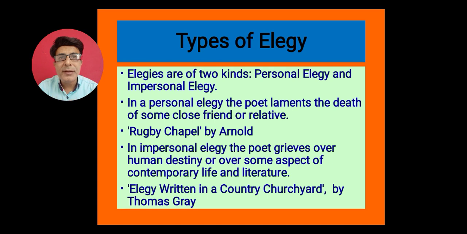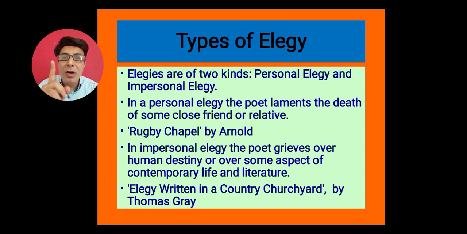What do you see in impersonal elegy? In impersonal elegy, the poet expresses his sorrow over the loss of human values sometimes, or the loss of cultural values. So at large, when the poet observes the loss of values or loss of something in the society, sometimes in the whole culture, and expresses his sorrow in the form of elegy, then that elegy is known as an impersonal elegy.